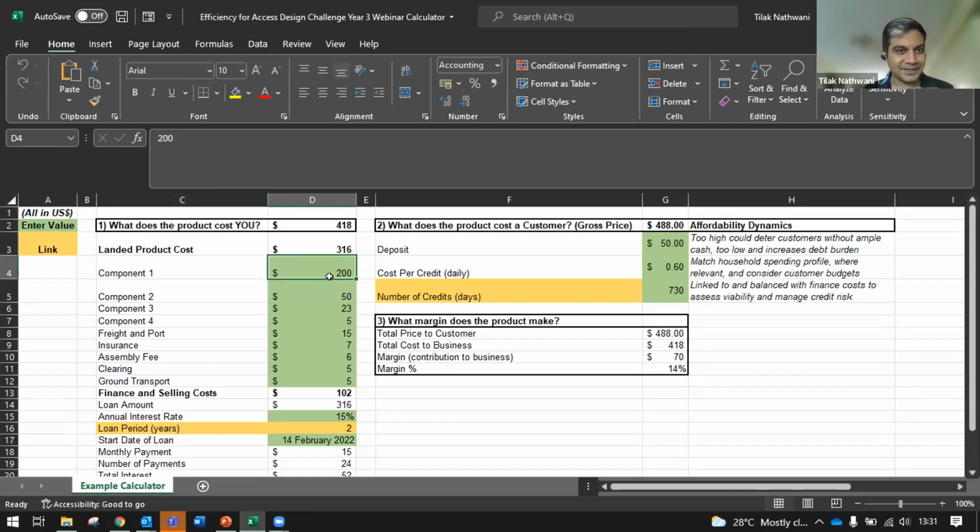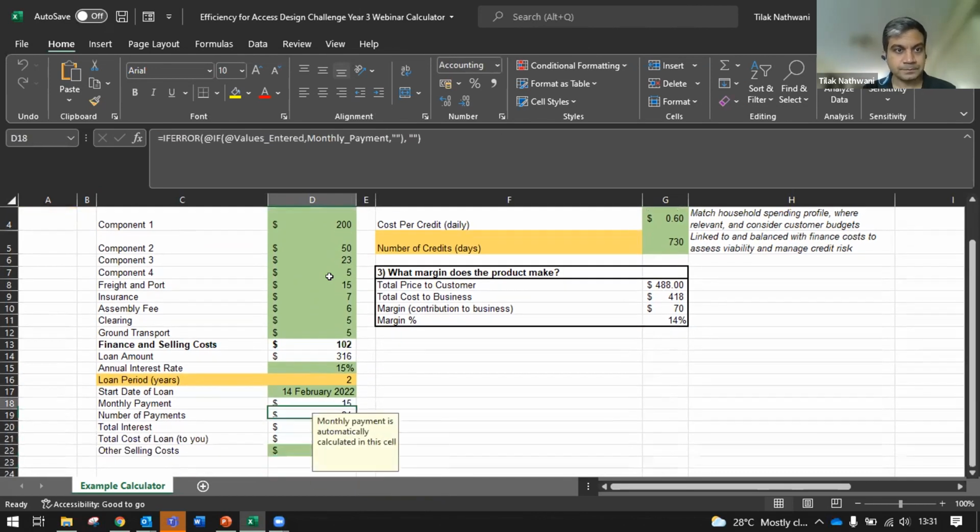These are just placeholder values for what the product costs and what the components are. It could be a battery, panels, light bulbs, and so on. And depending on where you're manufacturing the product, there will be additional costs involved with bringing it to your market or your customer.